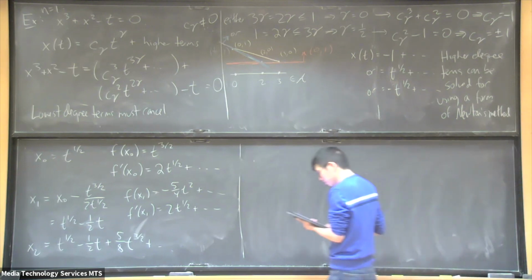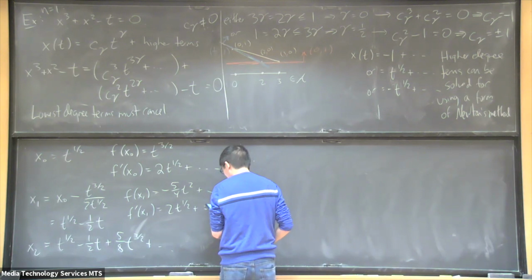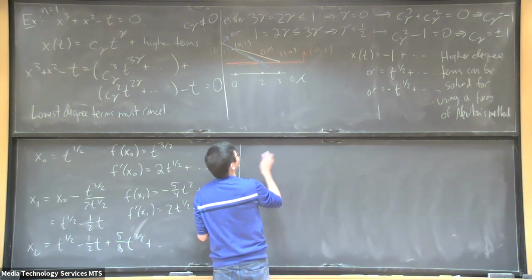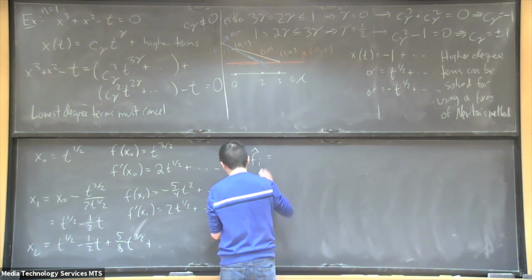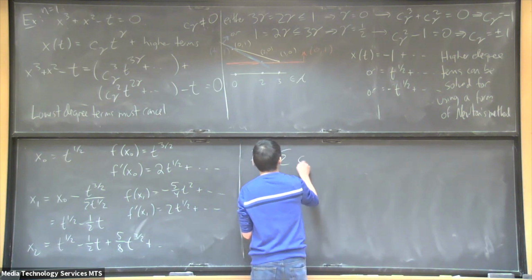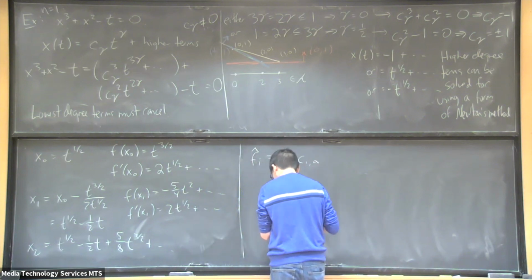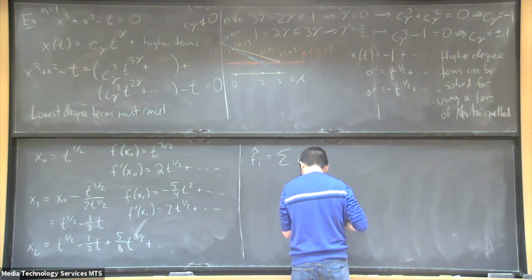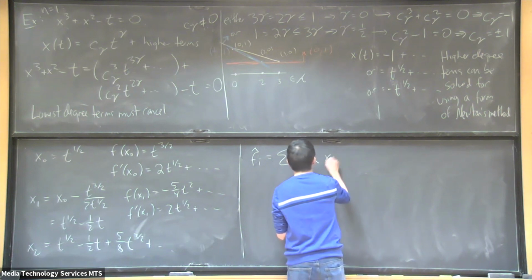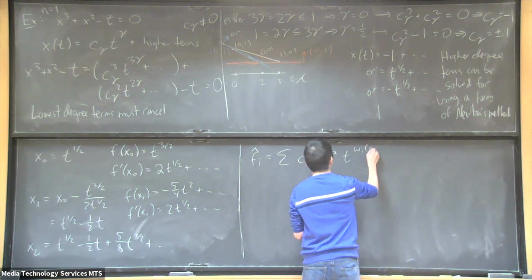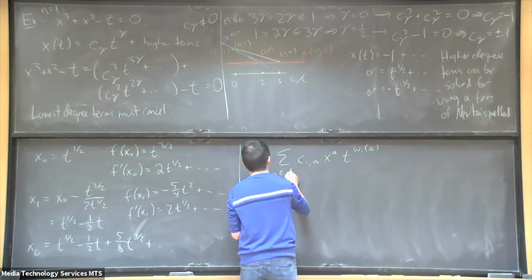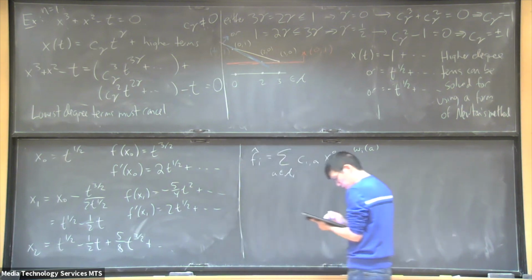So again, let me remind you of the situation since I erased it. We have this f_i hat, which is the sum of c_{ia} x^a times t to some power, for each a in the set.